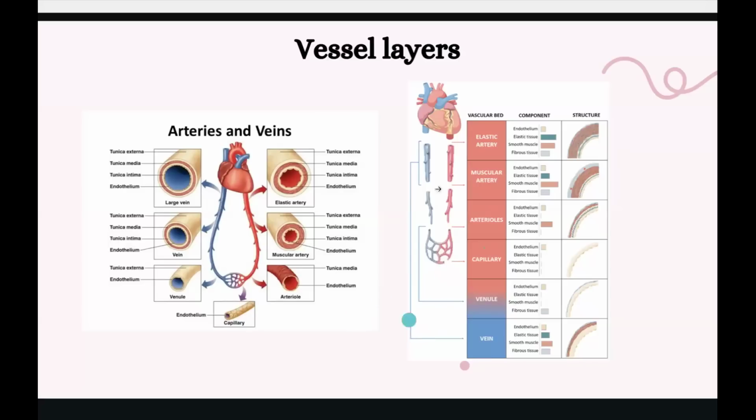So we're going through the whole pathway of blood. I put these slides just to show you that we're going from closest to the heart to furthest. The elastic artery, the first artery we'll see, is closest to the heart. As you go down, they get further and further from the heart, and the further from the heart they are, the smaller they are and the more numerous they are.